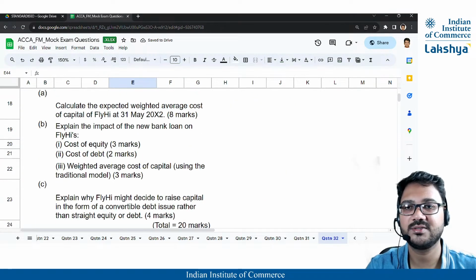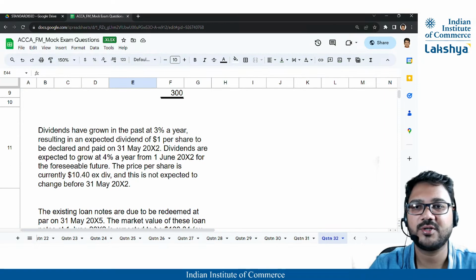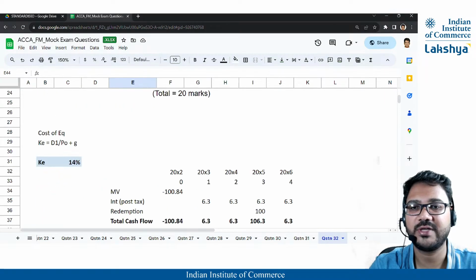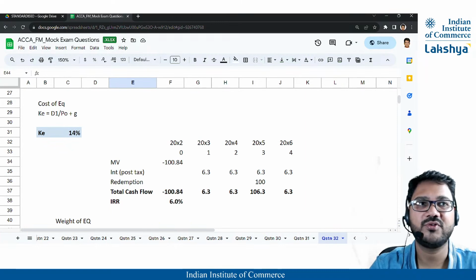Okay, weight of debt. Now debt is 200 at nominal value, so 200. Now what is the market value of debt? 100.84.